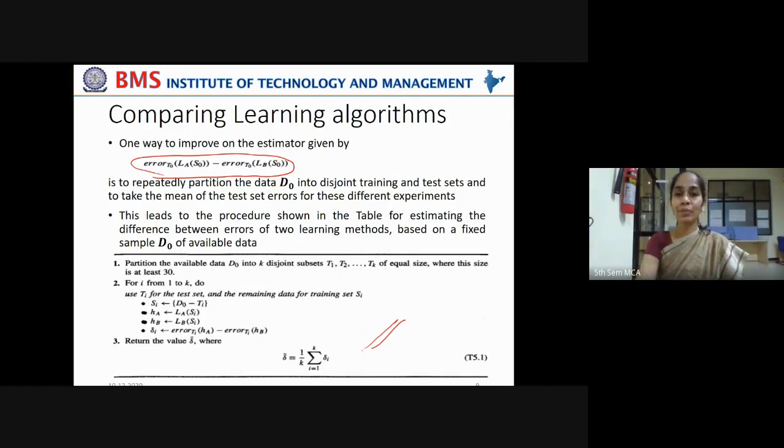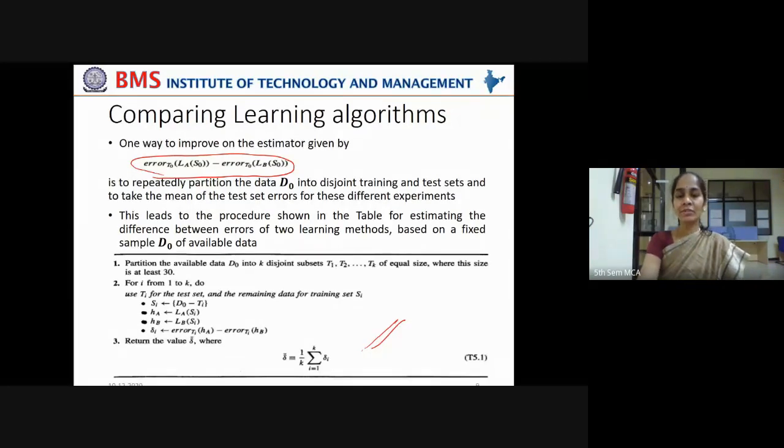So one way to improve this estimator is, what is our approach? To repeatedly partition the data D naught, divide it into different parts, into disjoint training and test sets, and take the mean of the test set errors for these different experiments. Just keep it in your mind, I'll explain clearly.